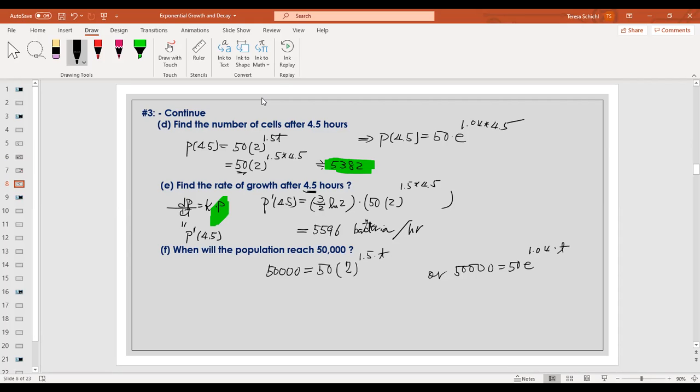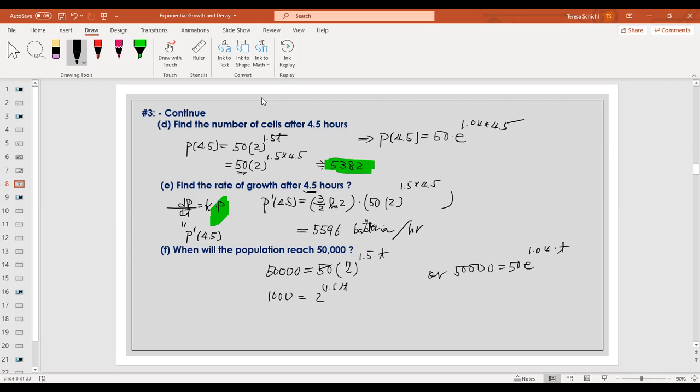Either way, you will get the same answer. So if I cancel the 50, I will get 1,000 is equal to 2^(1.5t).